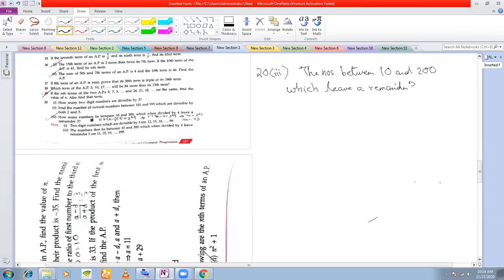That is in the question, which leave a remainder 3 when divided by 4. Numbers between 10 and 200 which leave a remainder 3 when divided by 4.